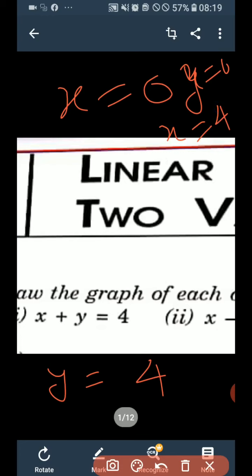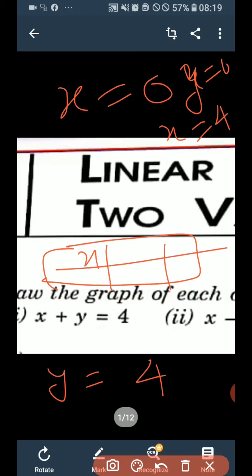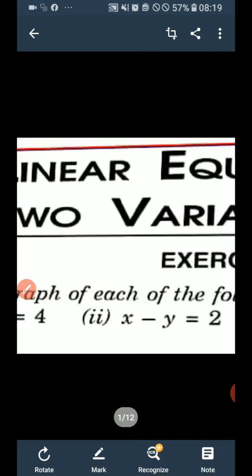So it can be written as: x 0, y 4; x 4, y 0. Let us see how to draw the graph of this linear equation.